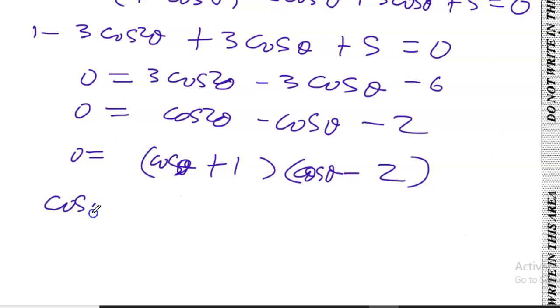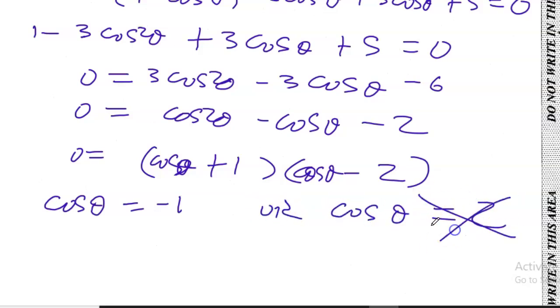So cos theta plus 1 equals 0, which means cos theta is equal to minus 1, or cos theta is equal to 2, which is impossible. So we're just working with cos theta is equal to negative 1. If cos theta is equal to negative 1, it means therefore that theta is equal to the cos inverse of negative 1, which angle is that?